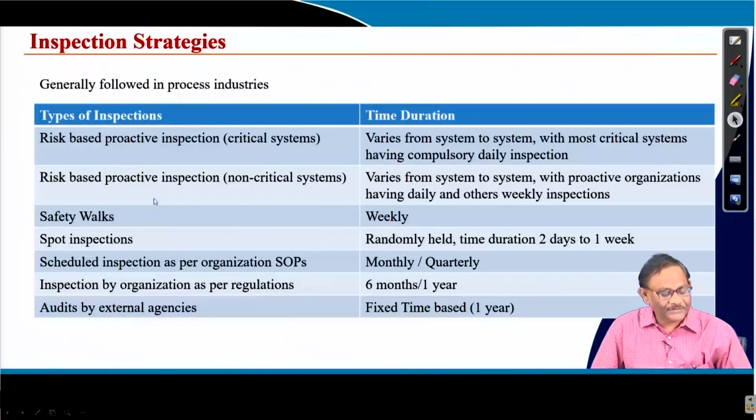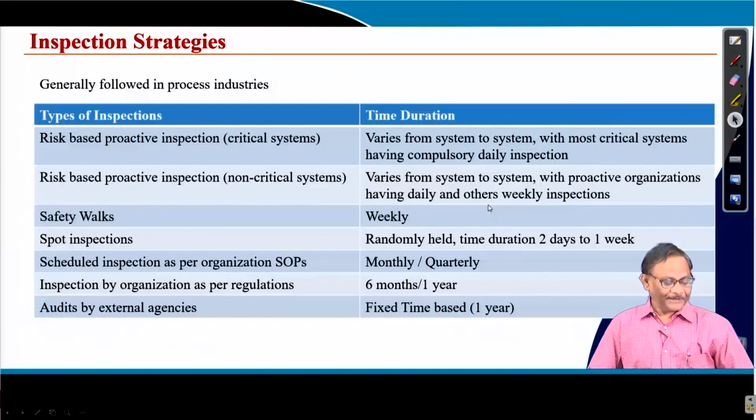And then if you see the different types of inspections, what are the time durations? It varies from system to system for risk-based proactive inspection, with the most critical systems having compulsory daily inspection. For non-critical systems it varies from system to system, with proactive organizations having daily or otherwise weekly inspections. Safety talks are usually weekly.